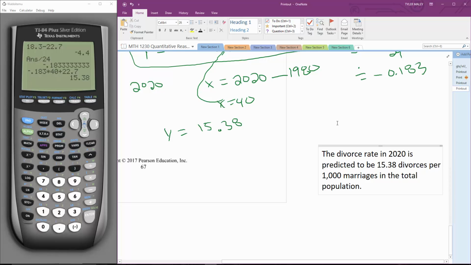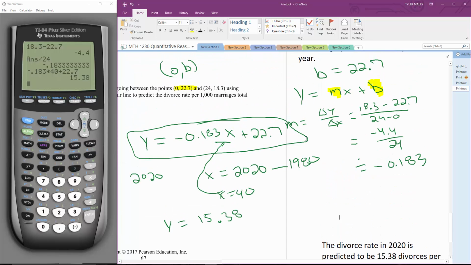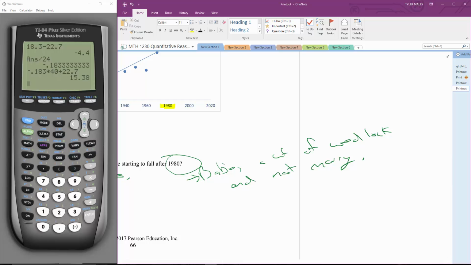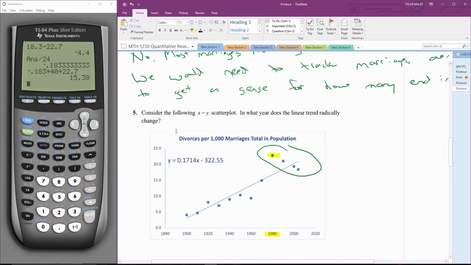Right? And how we're getting that y variable, right, is that is what the y variable is in the scatter plot, right? So it tells me, if we read this, what the y variable is, right?